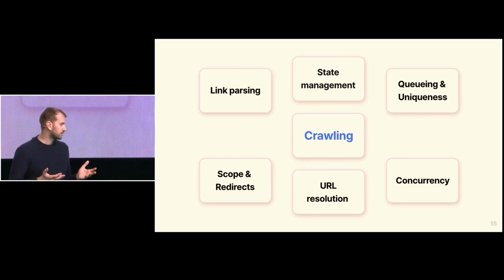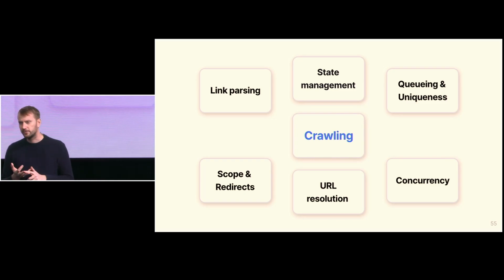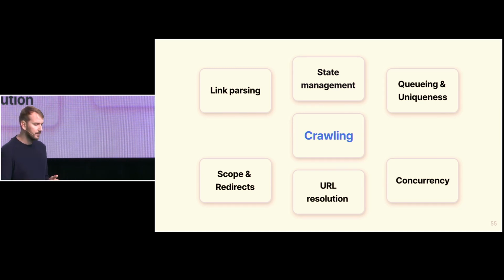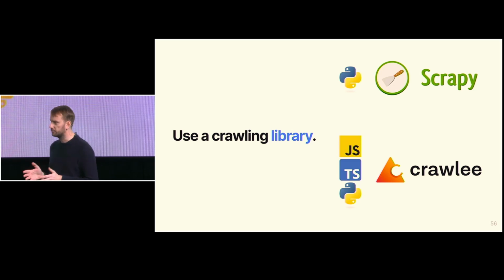But as always, there's a lot more to it. You have to deal with extracting the links from the web page, with enqueuing and deduplicating them, with correctly managing the concurrency of the scraping so that you're scraping fast enough, but also not overloading the web page. And the answer to that is, again, libraries. There are a bunch of libraries that you can use to help you deal with the enqueuing, concurrency, and state management.